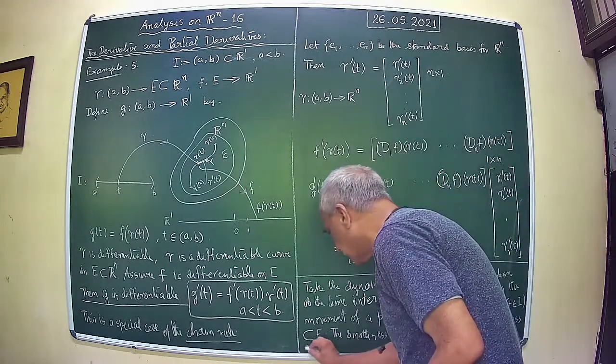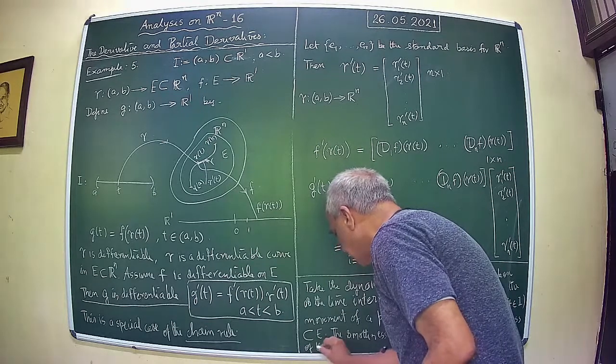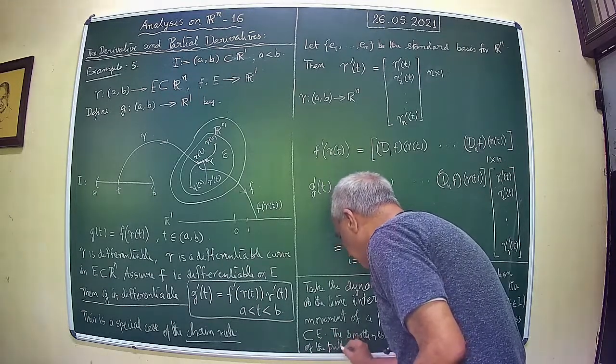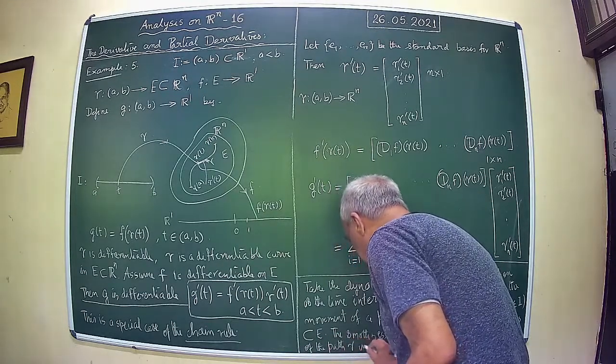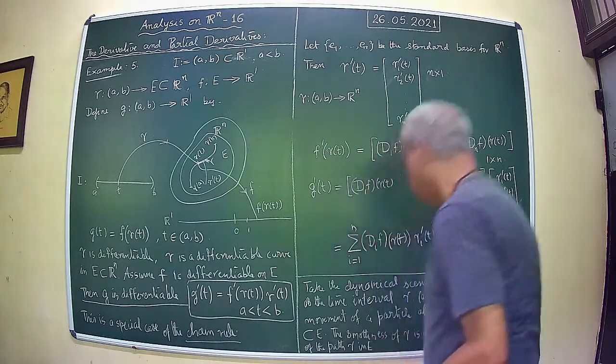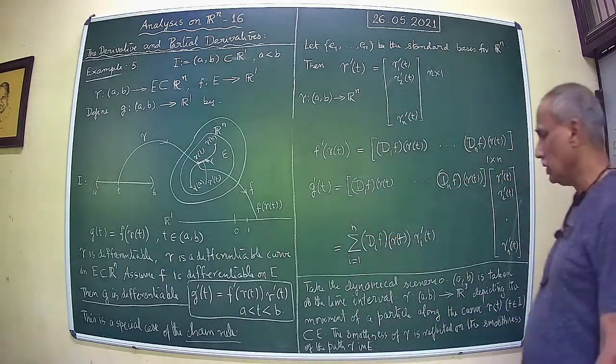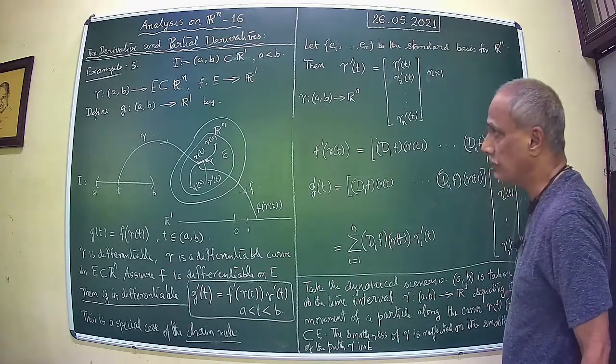Therefore, what do you get? What is gamma derivative?